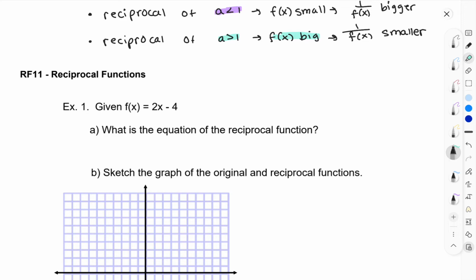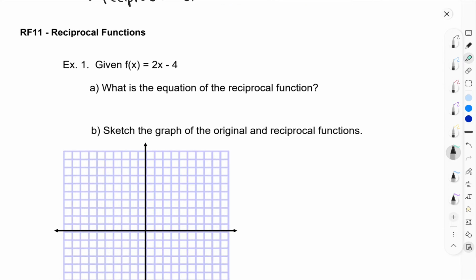So let's look at a basic reciprocal function. I'm looking at the linear equation 2x minus 4. If I take the reciprocal function, all I do is take the whole function, this whole thing is f of x, and put that in my denominator. So I'm going to put 2x minus 4 as my denominator.